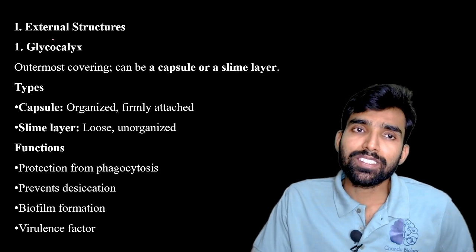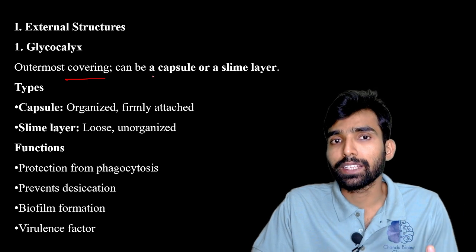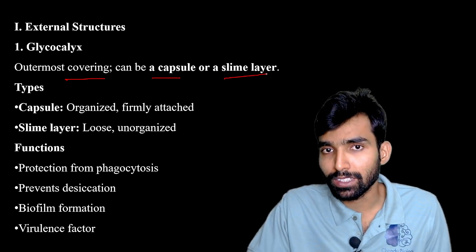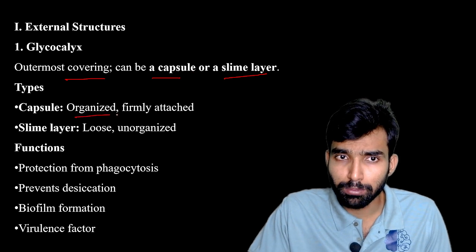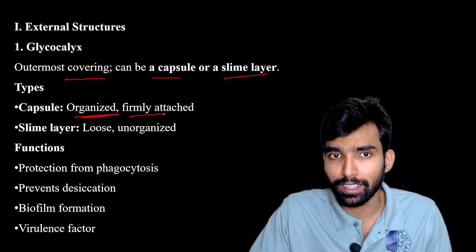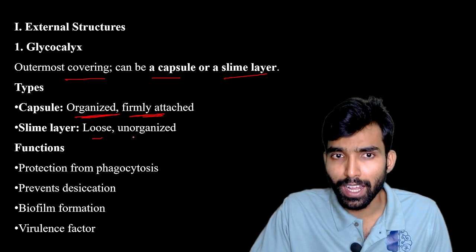So if we consider the external structure, that's the glycocalyx, the outermost covering, that can be a capsule or a slime layer, right? Capsule is more organized, that you need to remember. Capsule is more organized and more firmly attached, whereas the slime layer is loose and unorganized.